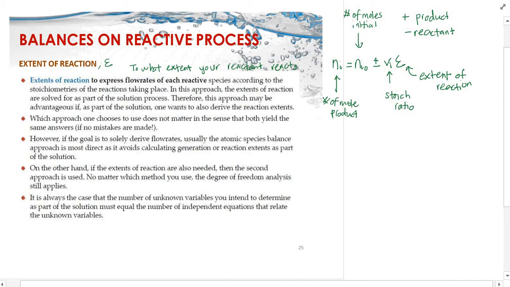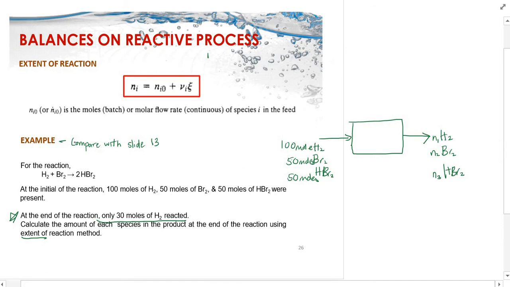With this approach, the extent of reaction is solved as part of the solution process. You are calculating to what extent your reactant reacts. So this approach may be advantageous if the question asks you to derive or calculate the extent of reaction.